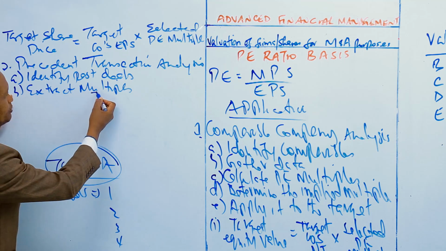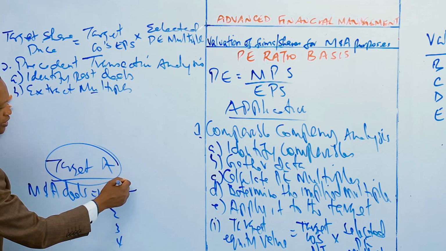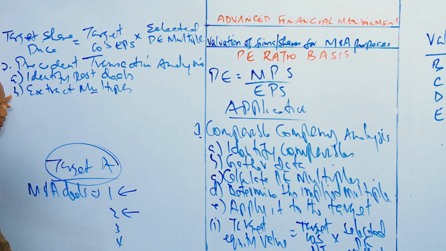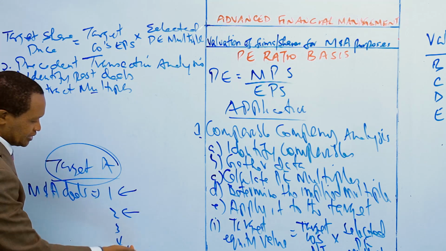Then extract the multiples. If there was a deal that was carried out last year or 2 years before or 6 months before or last month, you extract the multiples. And how do you extract the multiples? For each past transaction, determine the implied PE multiple at which the deal was completed, because this is in the past.